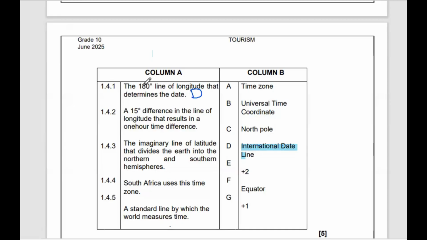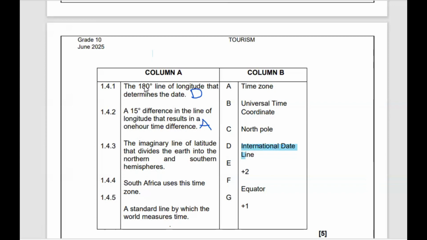So that is how the dateline works. Then 1.4.2, a 15-degree difference in the line of longitude that results in a 1 hour time difference. This is known as a time zone.